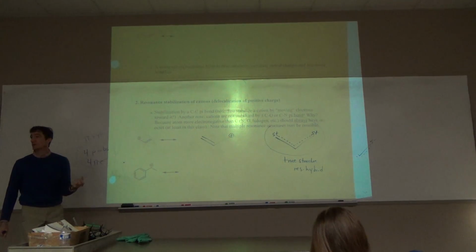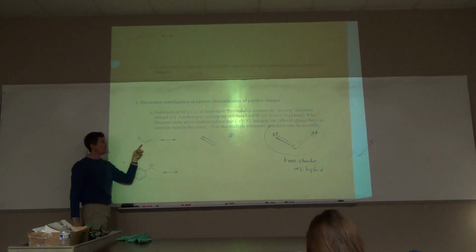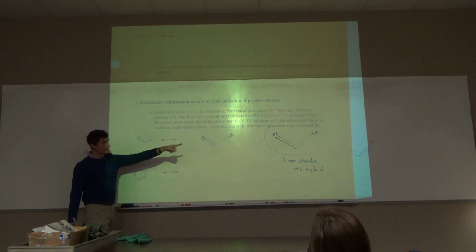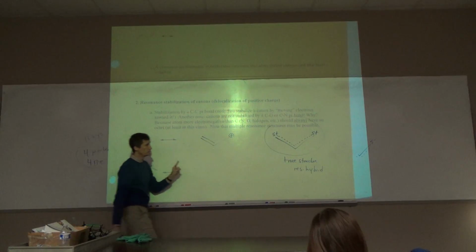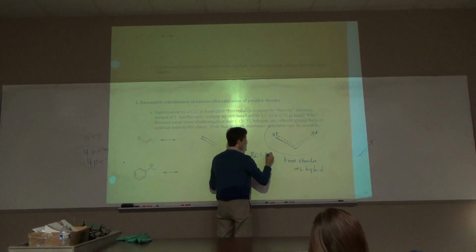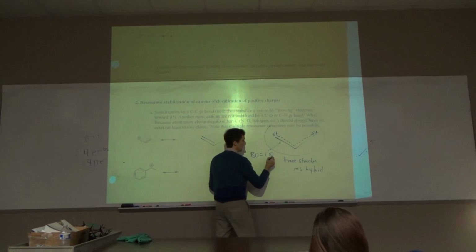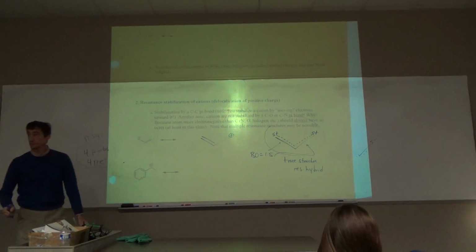The answer though is you're wrong. That's in this structure. But what we have to do is when we look at this structure, we have to see that structure. The true bond order of the true structure equals 1.5 here and here. That's the true structure.